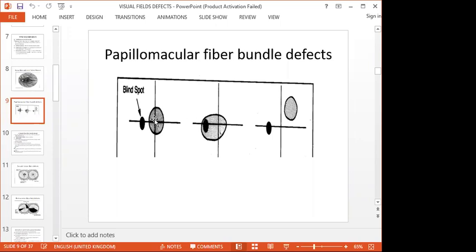So if all this is blind, and the fovea is there, it means the fibers from the fovea going into the disc are also affected. This is the optic disc. The macula is there, but the defect is away from the macula.